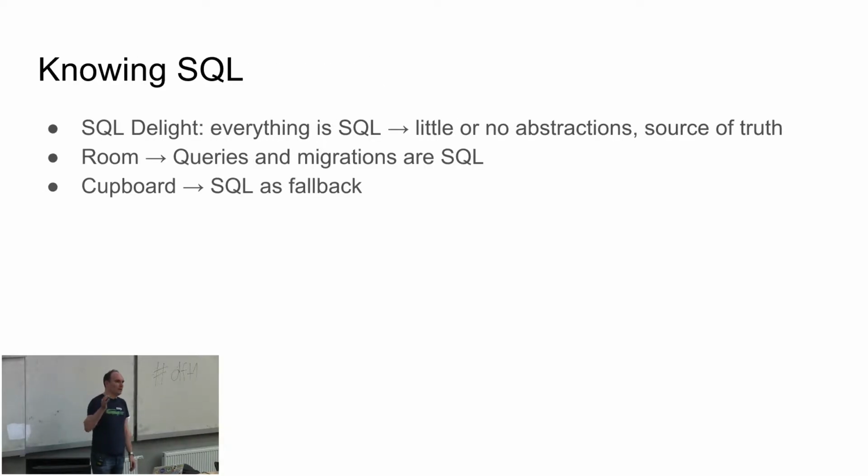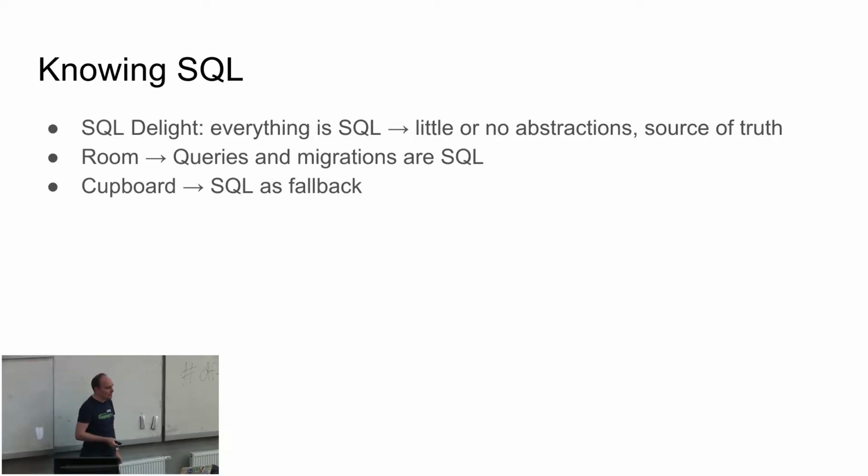So the type of framework that you pick usually depends on how comfortable you are with SQL. If you look at SQLite, everything is SQL. You define your tables in SQL, you define your queries in SQL, and then it generates code to actually work with these queries. So there are little to no abstractions there. It's all SQL.